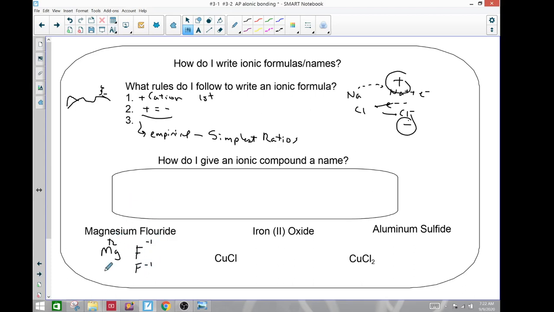So this is going to be MgF2. This is kind of mimicking what we call our crisscross rule. We take the Mg +2, the F -1, charge balance, the 2 goes there, the 1 goes here, and we get MgF2.